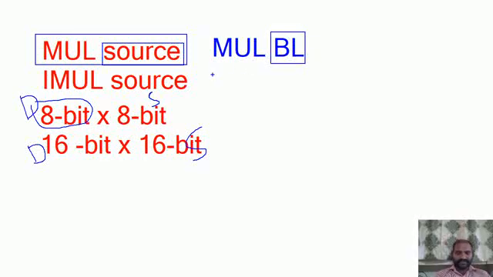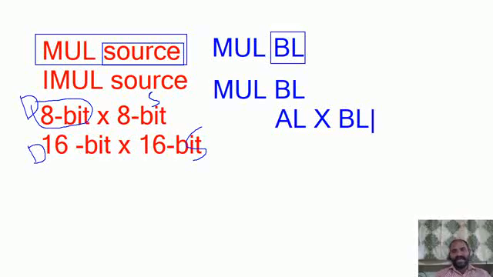So whenever you write MUL BL, the microprocessor performs multiplication between two 8-bit numbers. One 8-bit number is taken from AL and the other is BL, which we specified as part of the instruction.